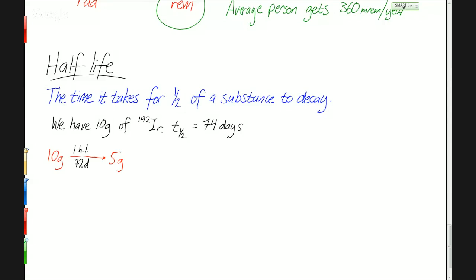You see how that works? Just cut it in half. After another 72 days, we have 2.5 grams. After another 72 days, we have 1.25 grams, and so on. We could keep tracking that.